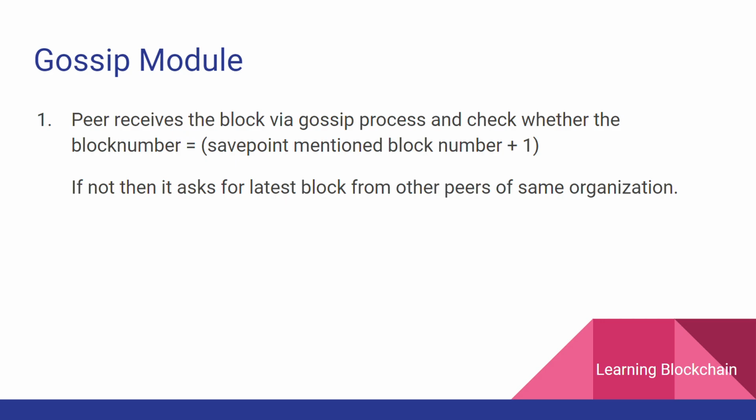So if a peer gets a block, they match the save point mentioned number with the block number they are getting. If that is plus 1 with the save point number, then they can proceed with that particular block. Otherwise, they have to fetch the latest blocks from the peer. So this is the first level of validation which the peer does whenever they get blocks from the orderer, for the further validations and the committing of the ledger.